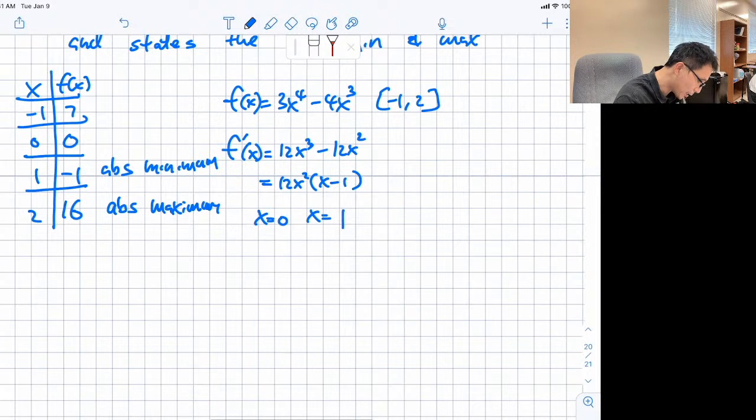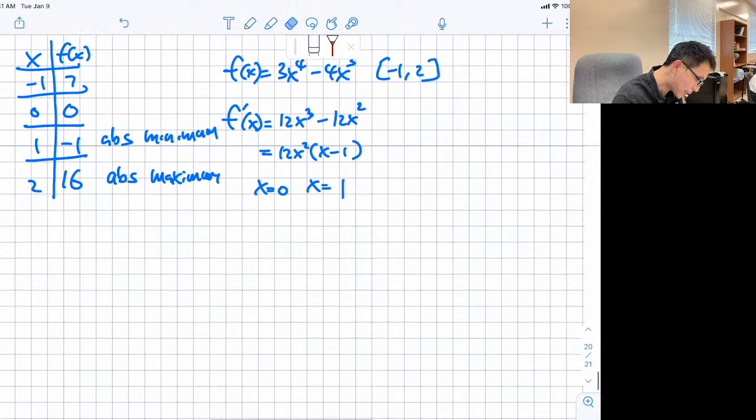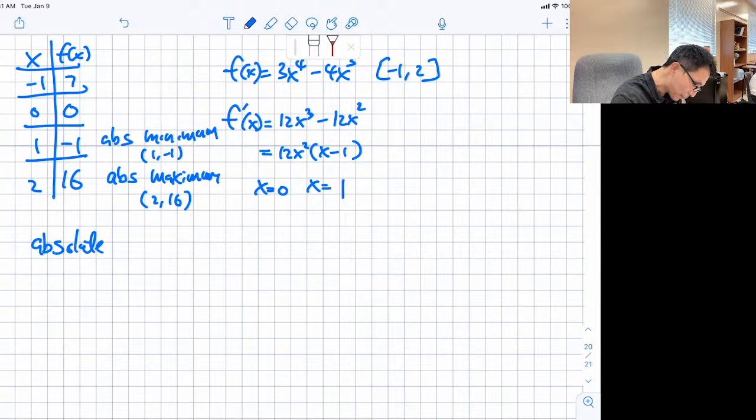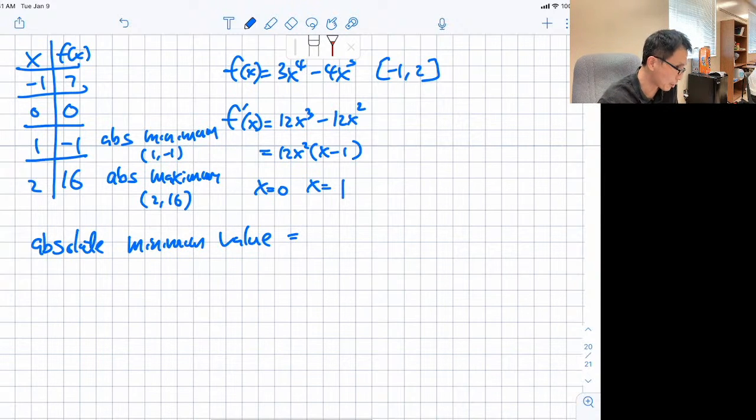That's what you want on the AP exam. If they ask what the absolute minimum is, you can give coordinates: 1, -1, or say x equal to 1, and for the maximum, 2 and 16. But if they ask for the absolute minimum value, value means the y value, the output.